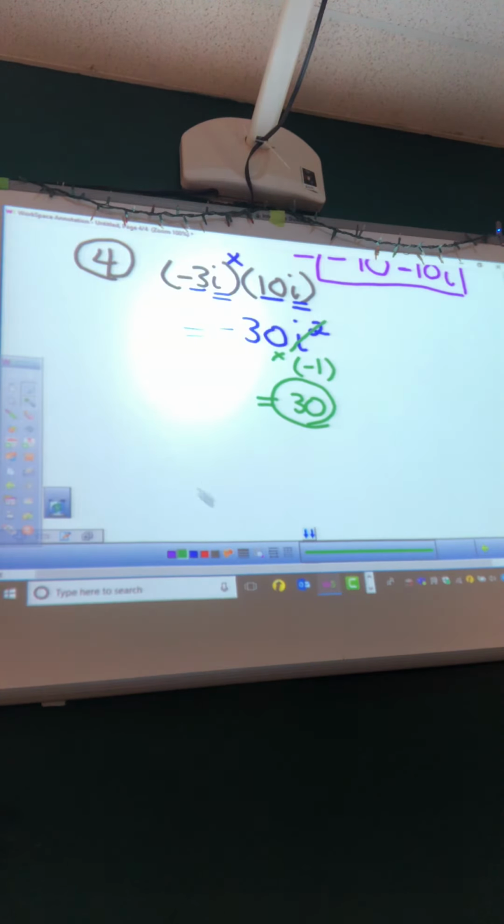All right, example 5. Let's say we have an i outside of a complex number. So I have an imaginary times a complex. What do you think we're going to do on this one? Yeah, distribute. Distribute i times 8.